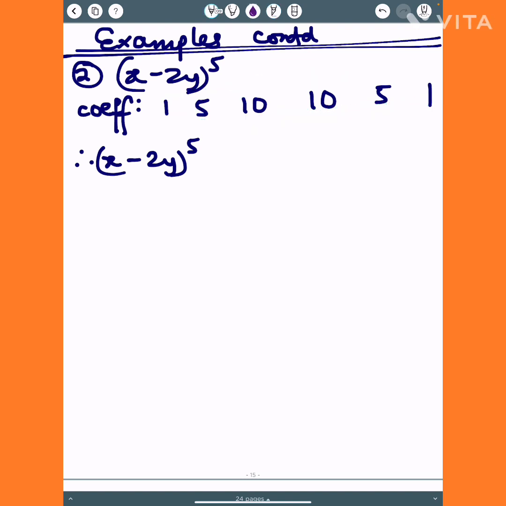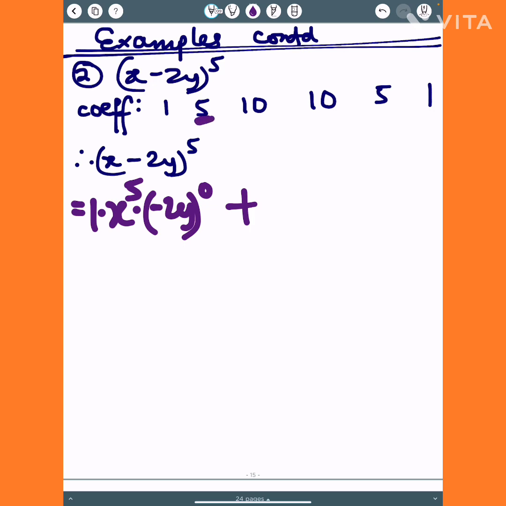So the first thing I'll do here is very simple. I'll just write down my 1 times x raised to power 5, times minus 2y raised to power 0. So that's the first term in my binomial expansion. The second term is also very easy.